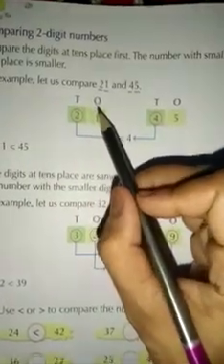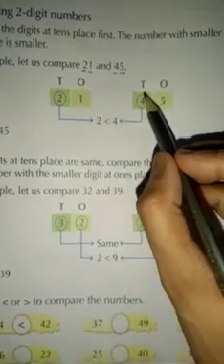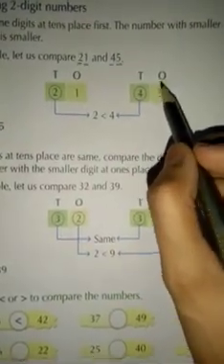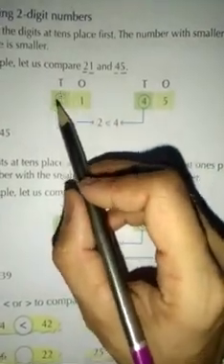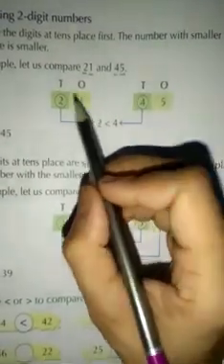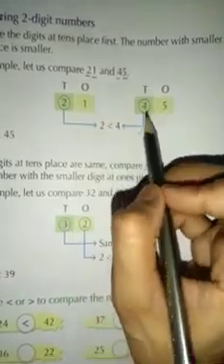We'll write the places. This is tens place, this is ones place. Here also this is the tens place and this is the ones place. So while comparing, first of all we compare the tens places. Okay. Starting from tens place, here we have 2 and here we have 4.